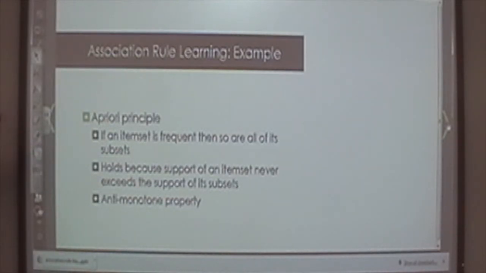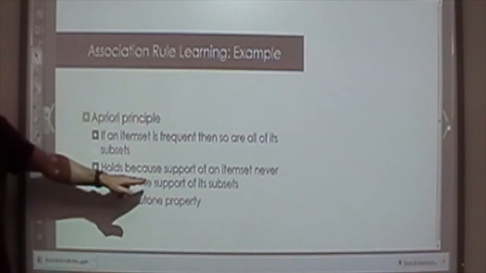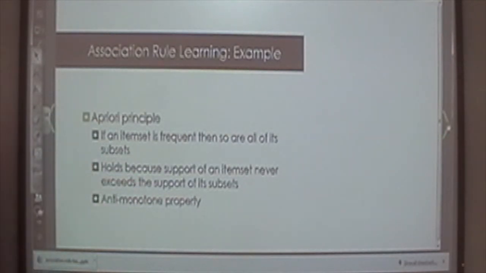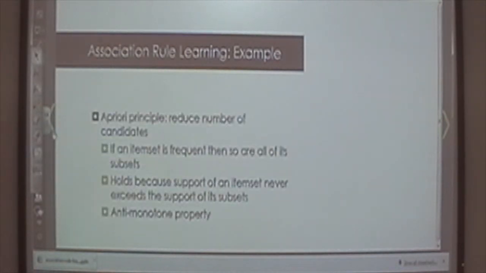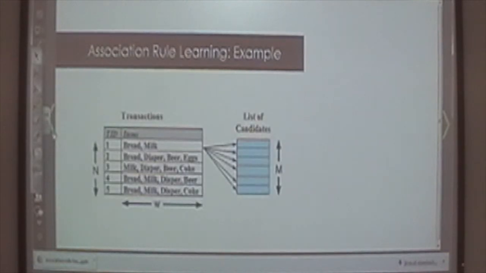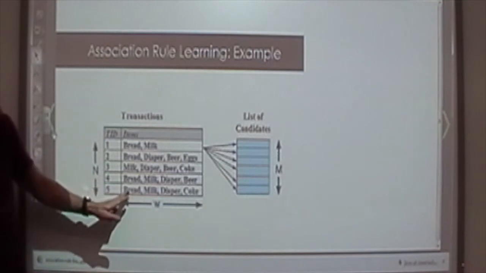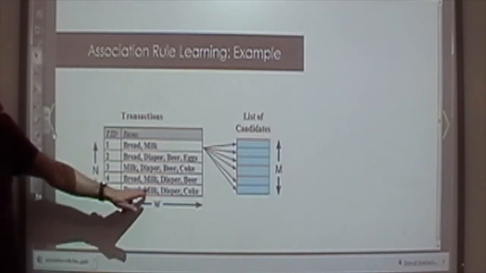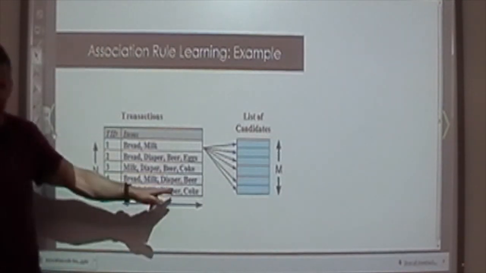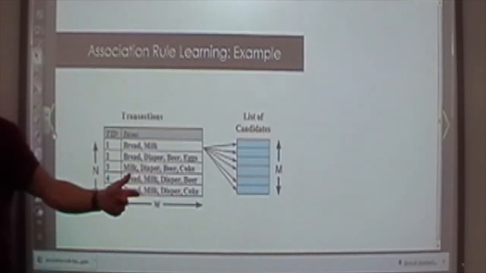And the reason for this is because the support of an item set can never exceed the support of its subsets. So if we go back to our example, here we've got an item set: bread, milk, diaper, Coke, right?